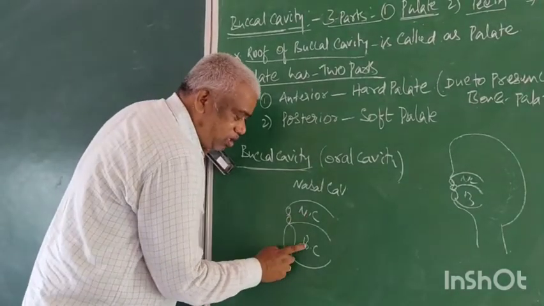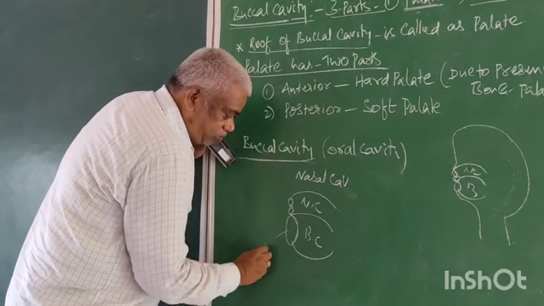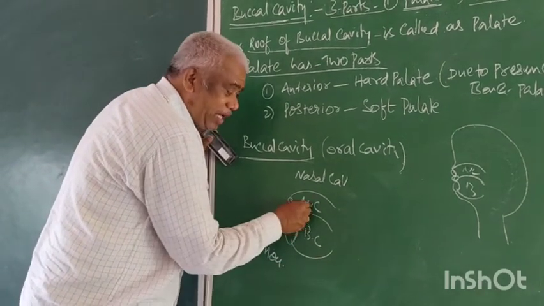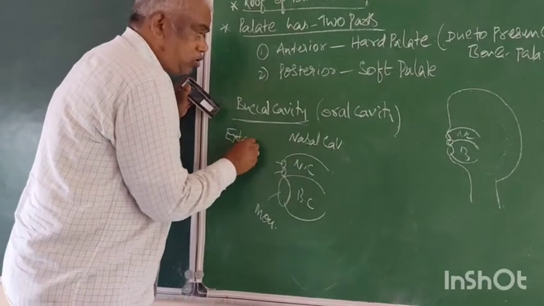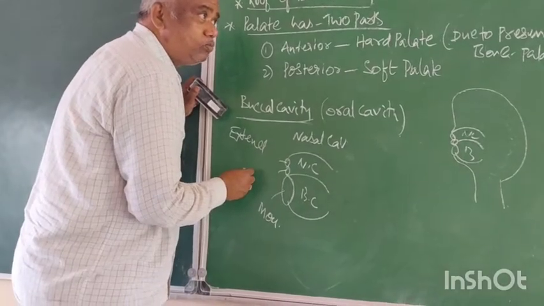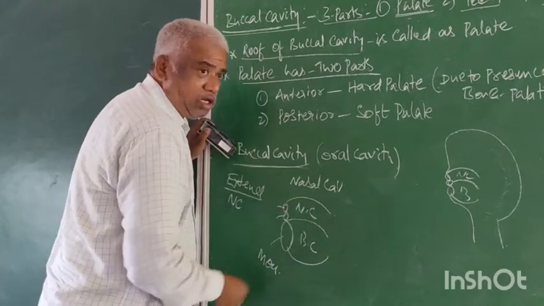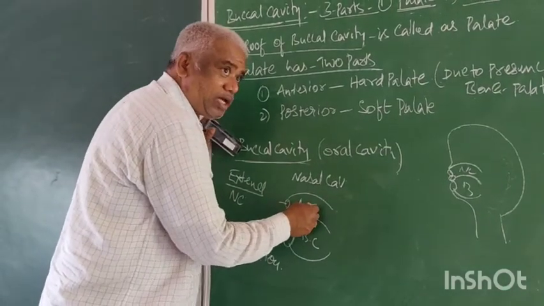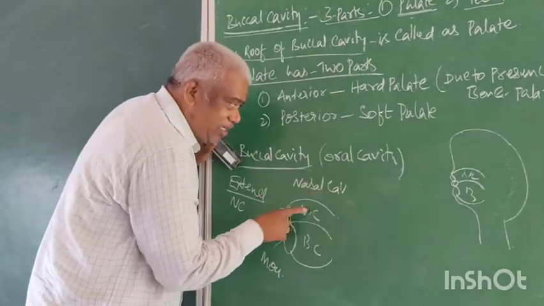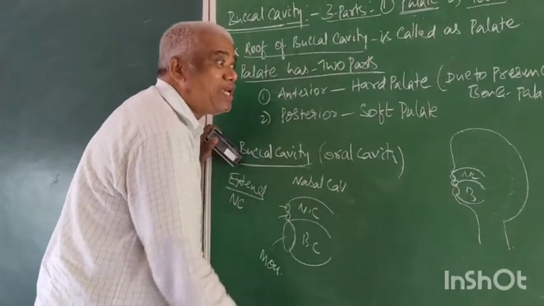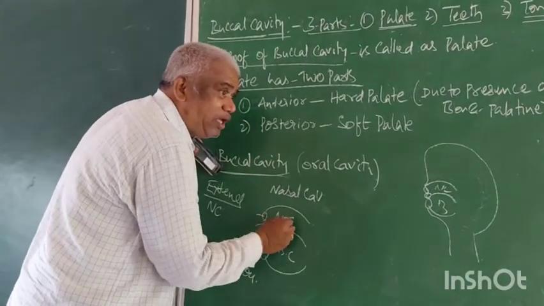The buccal cavity is open to the outside by the mouth. The external nostrils open into the nasal cavity. The mouth opens into the buccal cavity. It is the air passage, and it is the food passage. It is the path for food, it is the path for air.